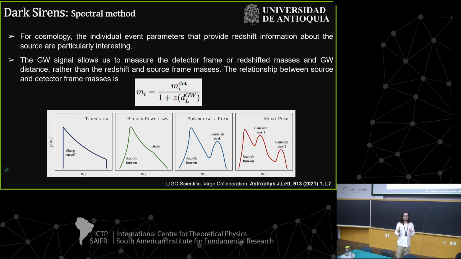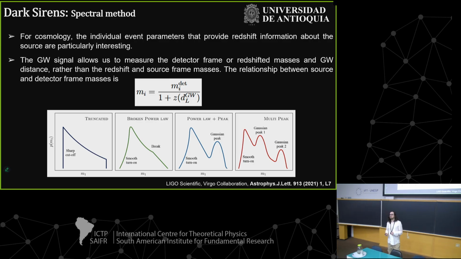That is a distinction that is made, but I like to use the term dark siren for both cases, because in both cases you don't have the electromagnetic counterpart, so you have a dark event. You don't see light or any other electromagnetic information coming from the source.